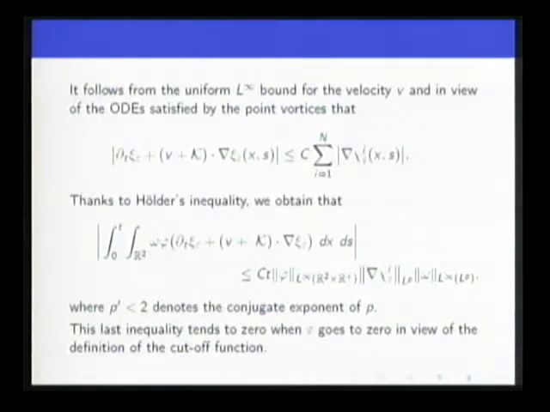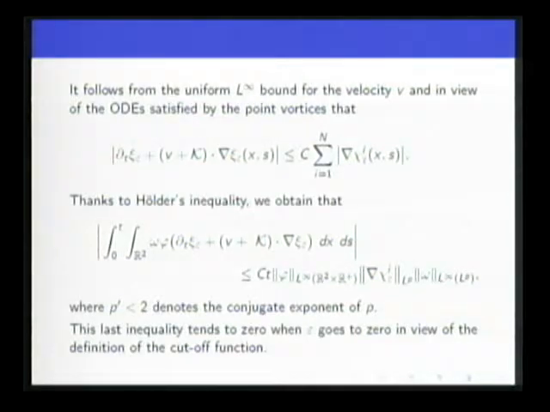We are able to show, also using the uniform L infinity bound on the vorticity and the fact that we have already shown that the point vortices satisfy the ODE, that we have this bound on this expression here. Therefore, using Hölder's inequality, we obtain that this integral is bounded above by this whole expression.